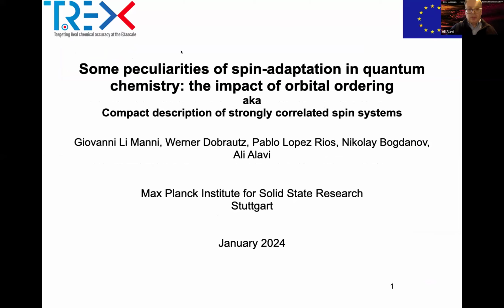I'm going to talk about a finding which I think is quite general, actually, concerning properties of spin eigenfunctions, sometimes called configuration state functions, which are used in CI expansions of systems that contain many open shell electrons.